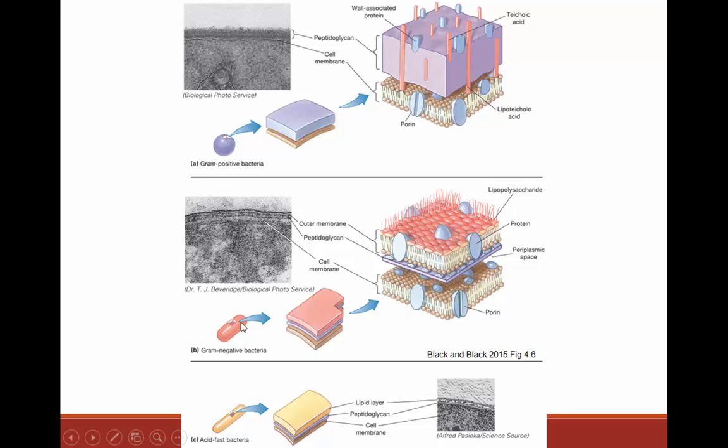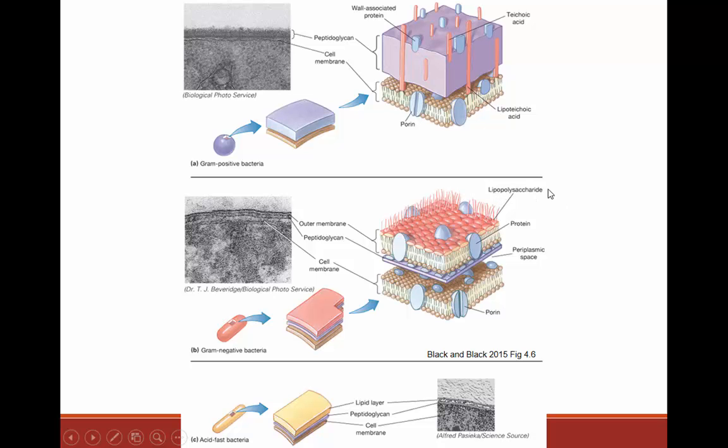Then we've got gram-negative bacteria. So it's not nearly as large, that peptidoglycan layer, but what you can see is on that outside, the outer membrane, you've got a lot of proteins in the phospholipid bilayer, and you've got these things called lipopolysaccharide. Can you see that? So little appendages to the outside, proteins.